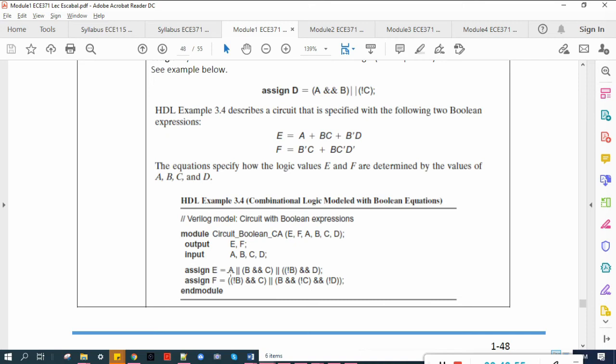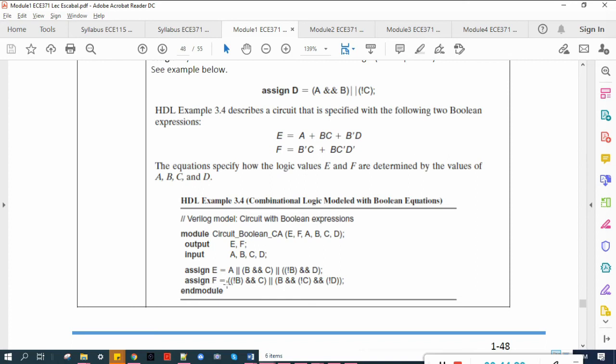E is equal to A, and then this is for the OR, then B and C with double ampersand, and then another OR, not B for the complement of B, and then we end that with double ampersand D. Then don't forget the semicolon. For F, the same.